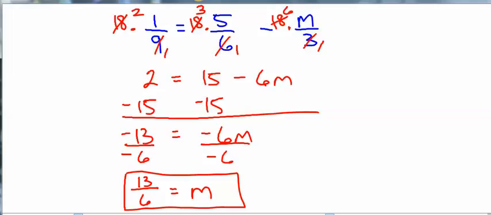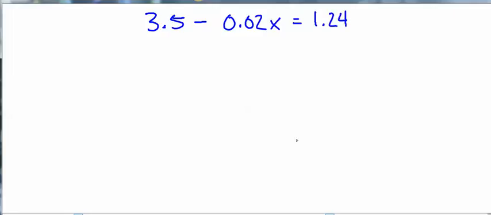Alright, the next example they cover here in the book is just on page 106, solving an equation that contains decimals. 3.5 minus 0.02x equals 1.24.